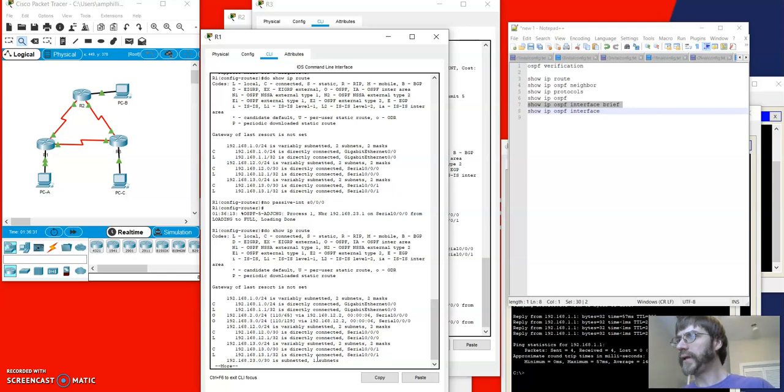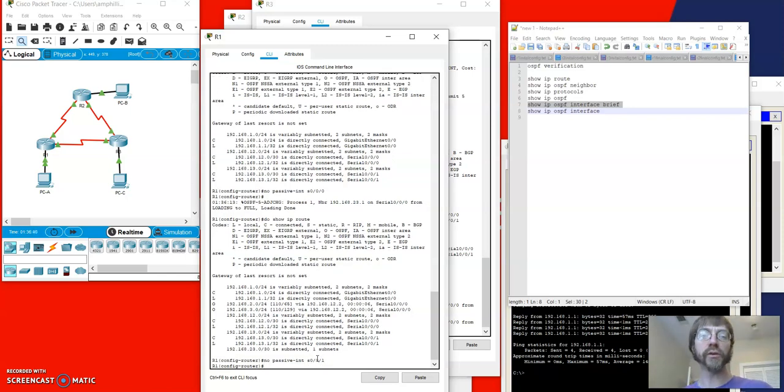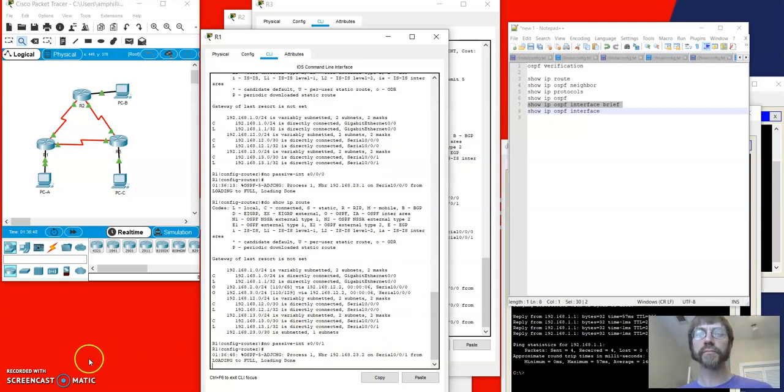Now, the next thing is to do no passive interface on serial 0/0/1. That will regenerate that neighbor relationship, and things will converge. There.